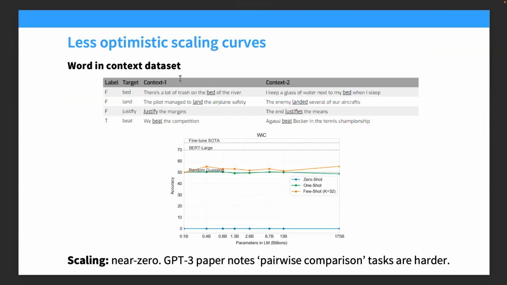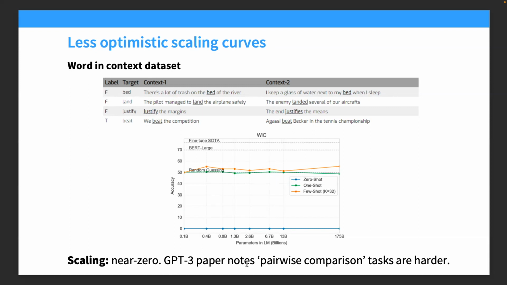But there are also some tasks where the performance does not increase when you increase the model size. For example, the Word-in-Context dataset. It asks whether a word has the same meaning in different contexts. So for example, whether the word has the same meaning given different contexts, and the label is true or false.